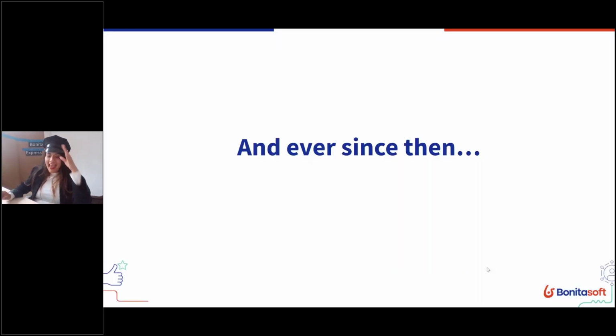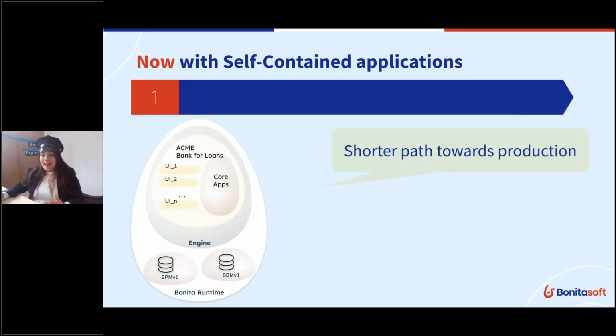So, ever since then, what can you imagine has happened with this new concept of self-contained applications? Well, the traditional path towards production has been shortened a little bit, because now you need a little less help from your IT team to get this infrastructure right.